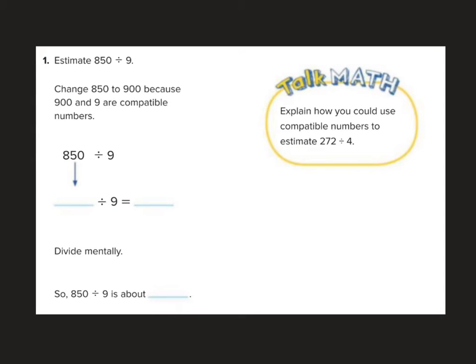Okay, so we're going to estimate 850 divided by 9. Okay, so when I'm thinking of multiples of 9 that are around 85, I know 9 times 9 is 81. That's a 1, sorry. I don't know why it showed up like a 7. It's a 1. 81.